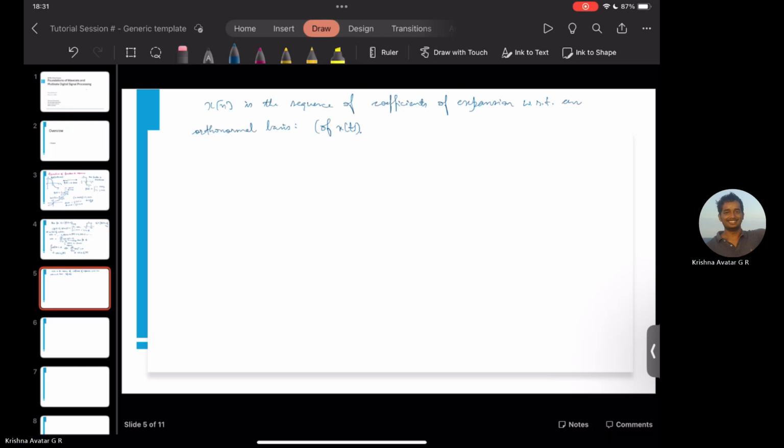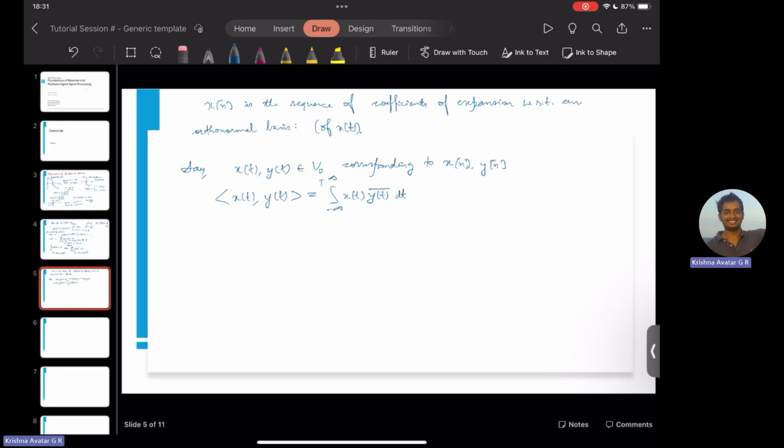And we had also learned that, say you have x of t and y of t, both in the space V naught, and these are again the coefficients of expansion, x of n, comma y of n. Then we can have the inner product of x of t comma y of t equal to the integral from minus infinity to plus infinity of x of t y of t dt.